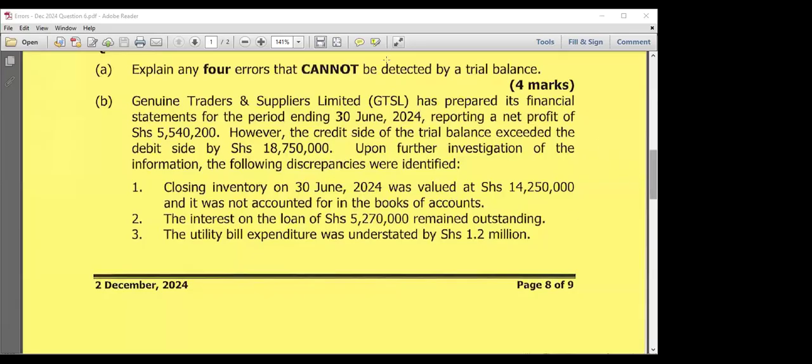Thank you very much, Emmanuel, for sharing the question. So this is December 2024. Question number 6: explain any 4 errors that cannot be detected by a trial balance.